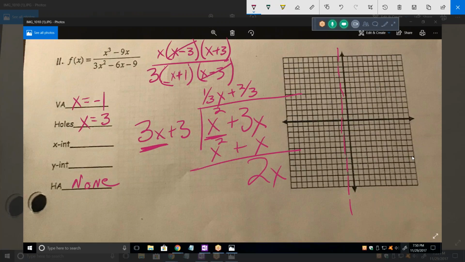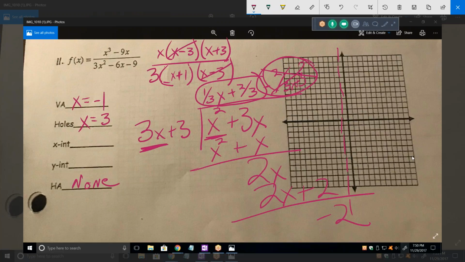Multiply the 2/3 by the 3x plus 3 and I get 2x plus 2. So I have a remainder of minus 2, so it's minus 2 over 3x plus 3. I don't care about the remainder. What is important is that the linear term, eliminating the remainder, is the equation of the oblique asymptote.